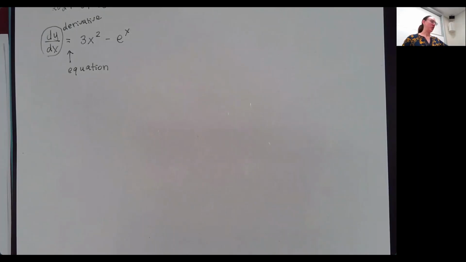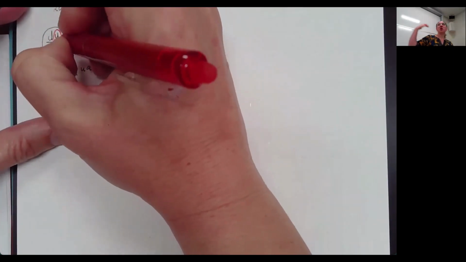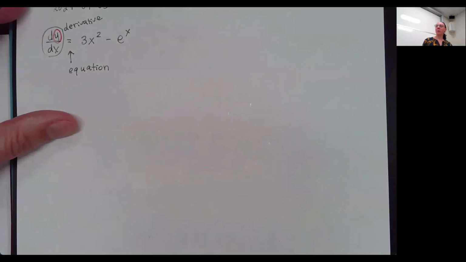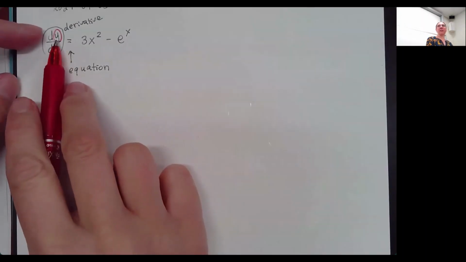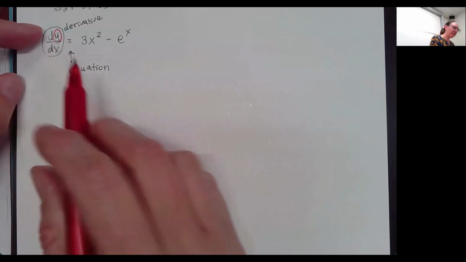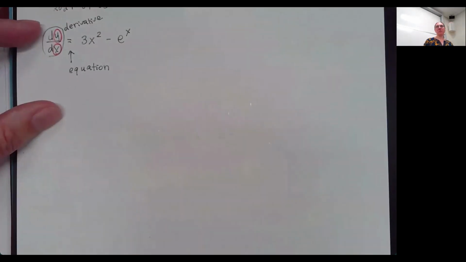There's some vocabulary that comes along with differential equations. Another thing to note here, whatever variable is in the numerator on top in my derivative term, that's my dependent variable. And whatever variable is on the bottom, that's my independent variable.